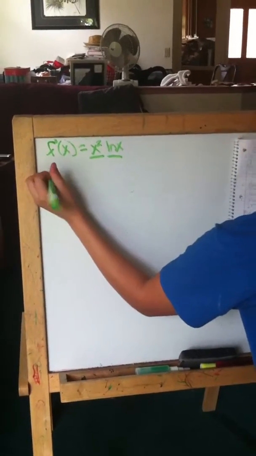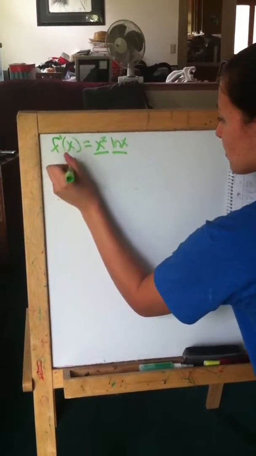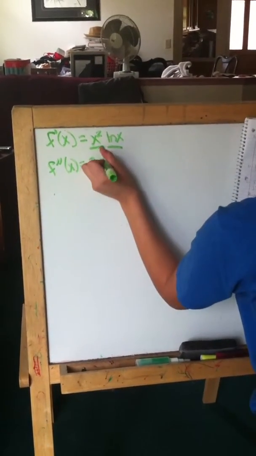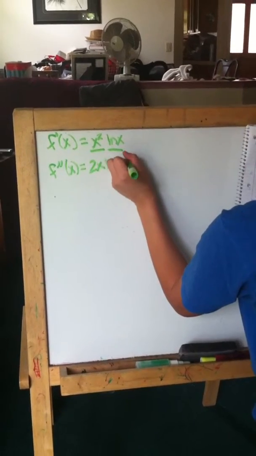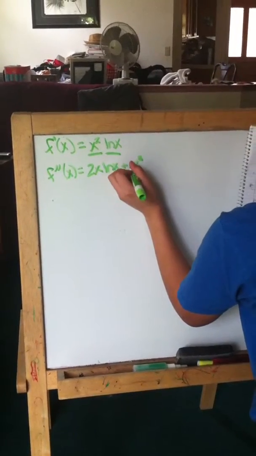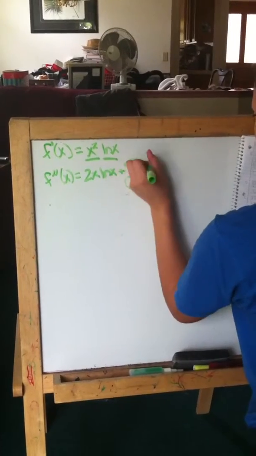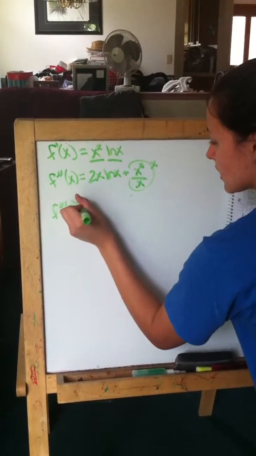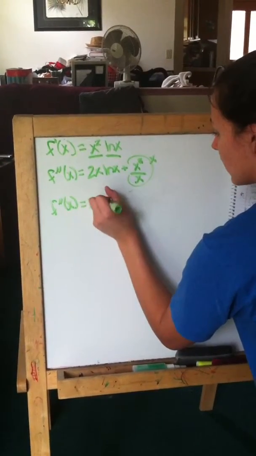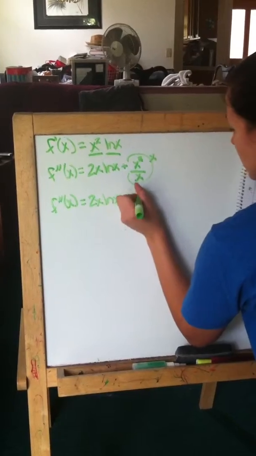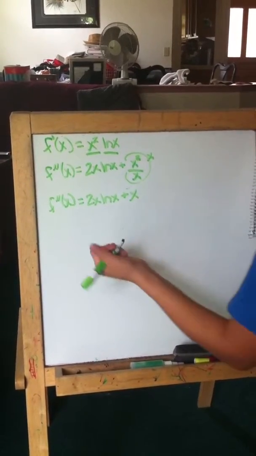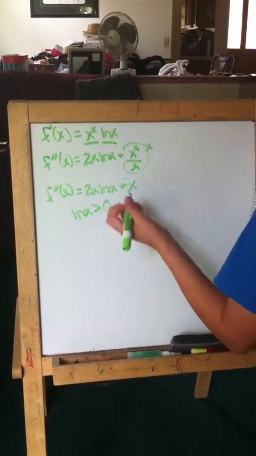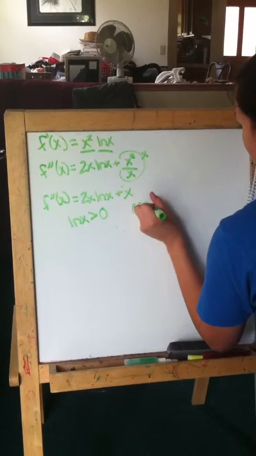So f double prime of x equals 2x ln x plus x squared over x, which just becomes x. So f double prime of x equals 2x ln x plus x. And ln x is always greater than 0 on this interval, so it's concave up.